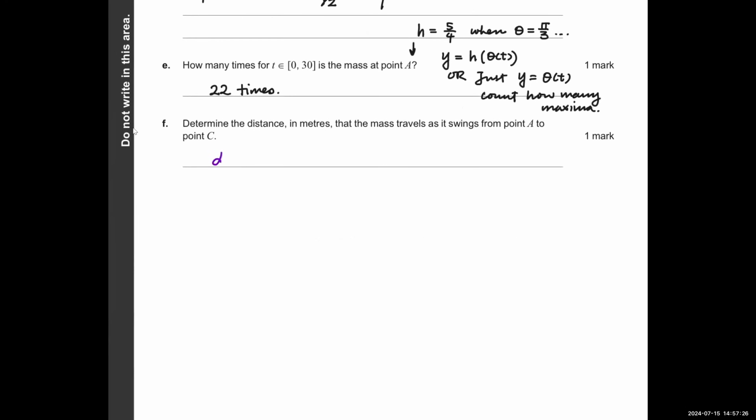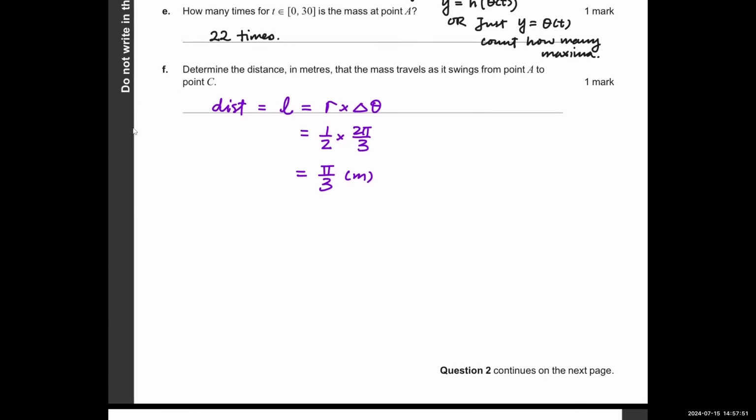So the distance equals to radius times delta theta. The radius is half times 2 pi over 3. And that gives me pi over 3 in meters. The distance is in meters, okay? So it's quite an unusual circular function question compared to the old questions in the past exams we dealt with before.